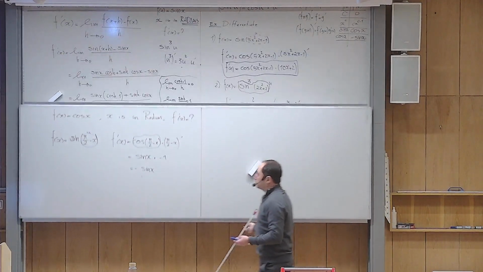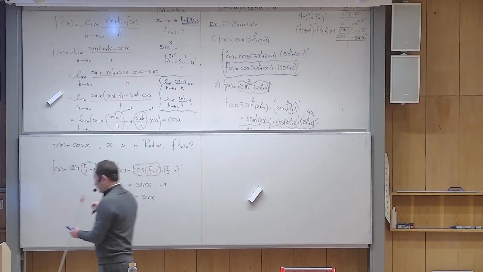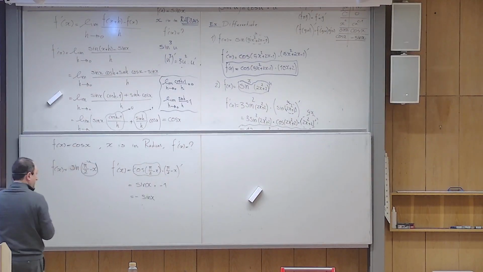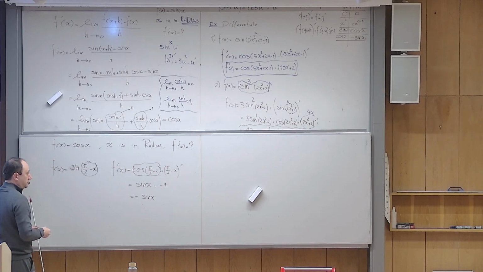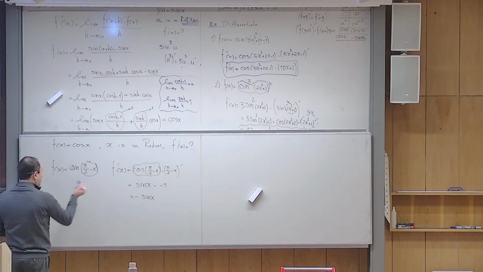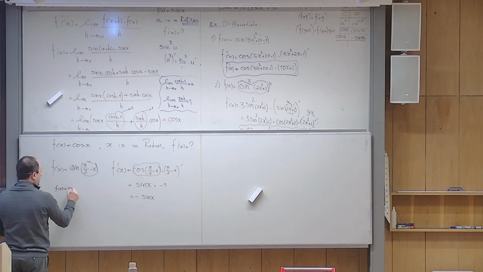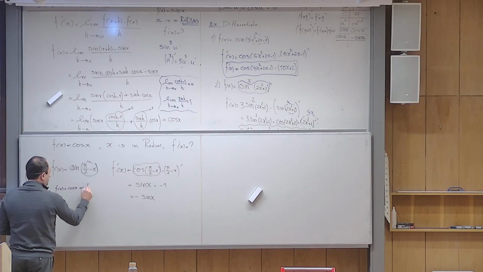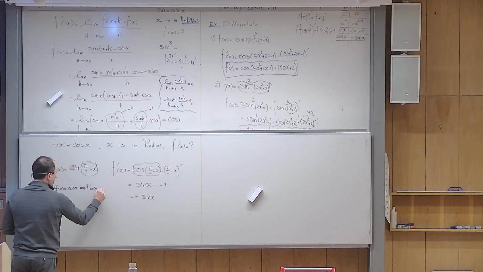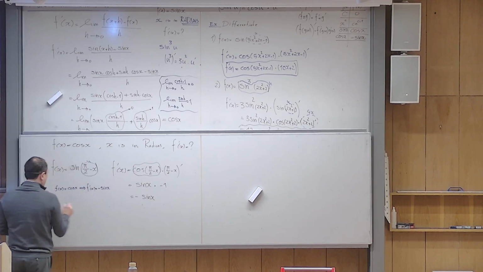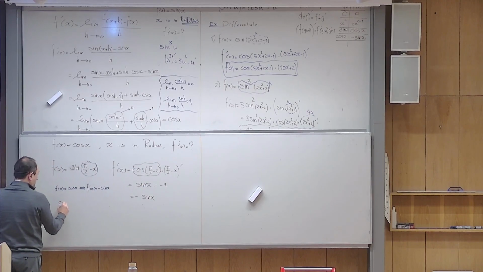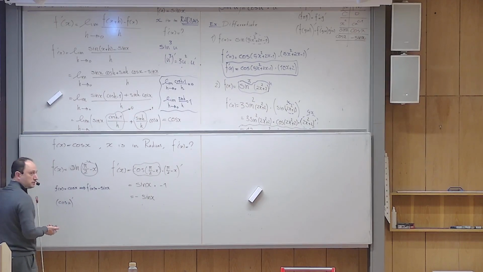Okay, as I told you, whenever you discover a new formula, you can immediately write the chain rule version of that formula. So what we learned is that f of x is equal to cosine x, and the derivative of this function is negative sine x. Now my question is, if I give you cosine of not just x, but of u, and I ask you to differentiate that, what's the answer?